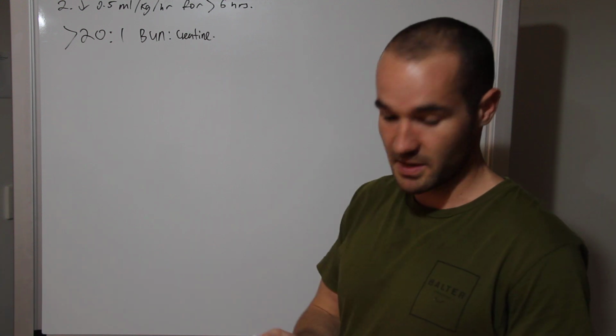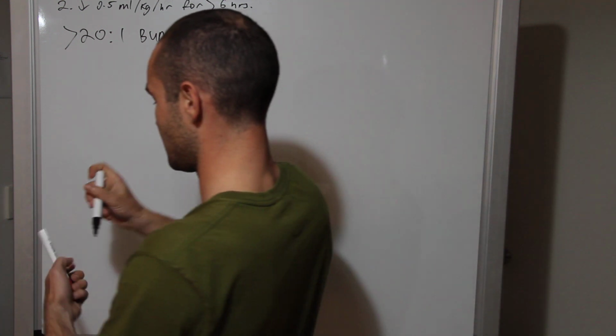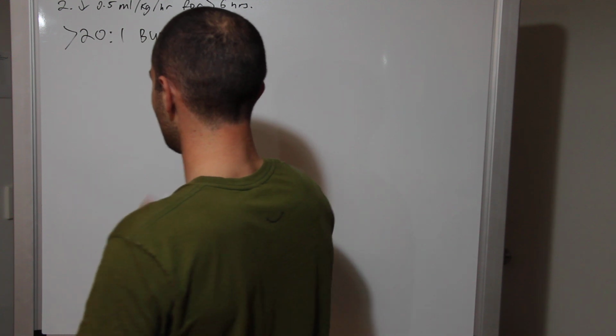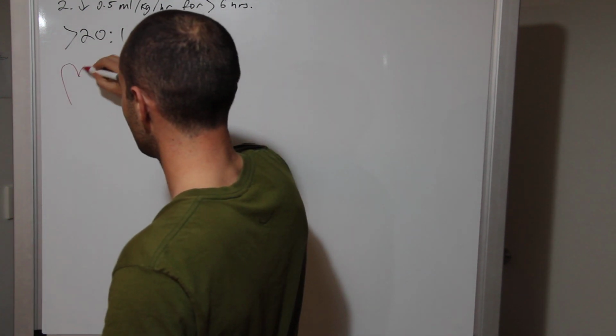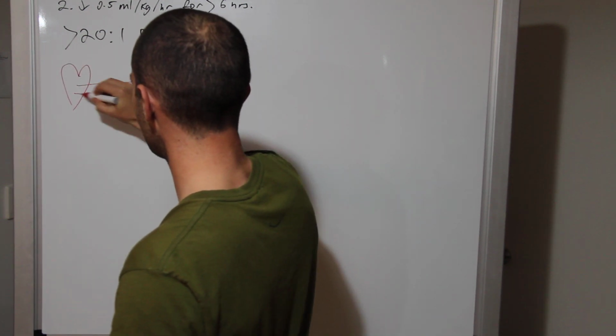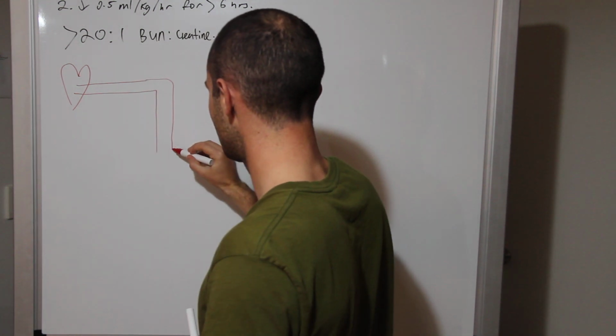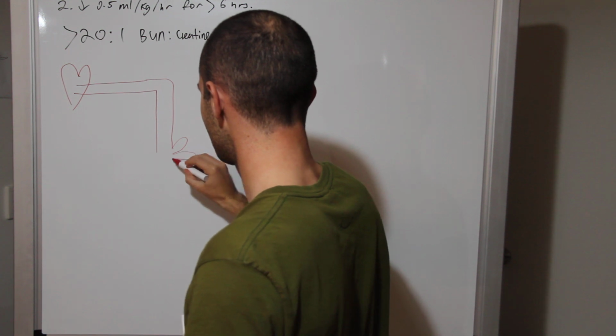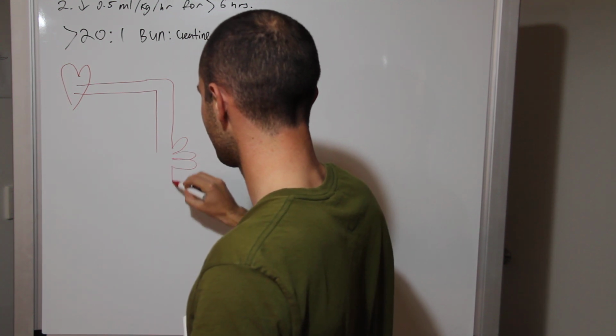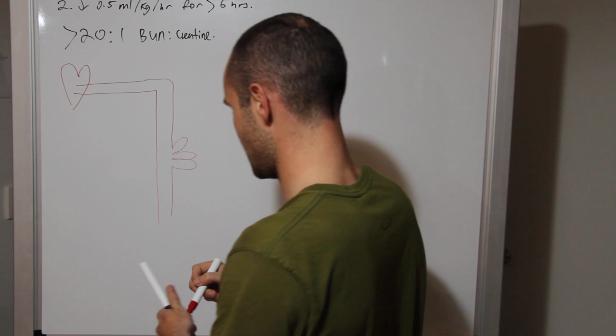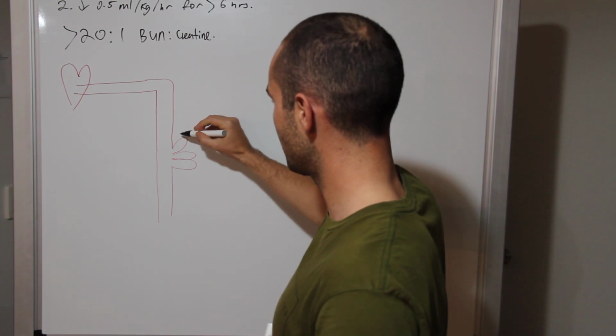So let's quickly draw out the nephron so that we can illustrate this. We've got our heart, which pumps blood to the kidneys. Let's quickly draw out a nephron.